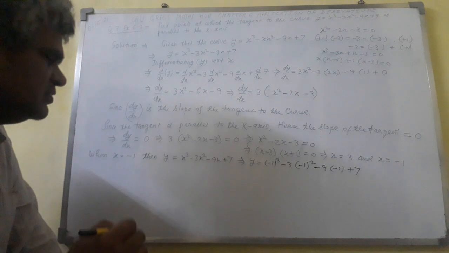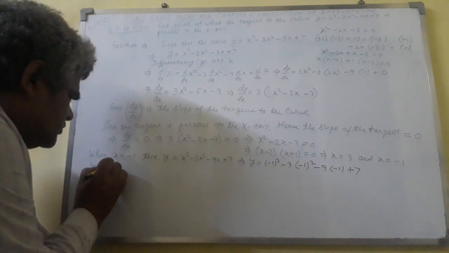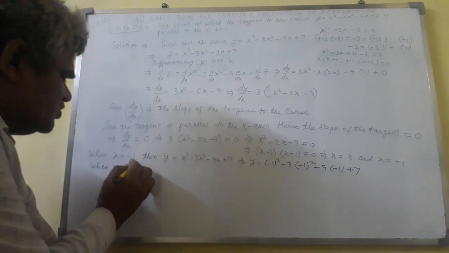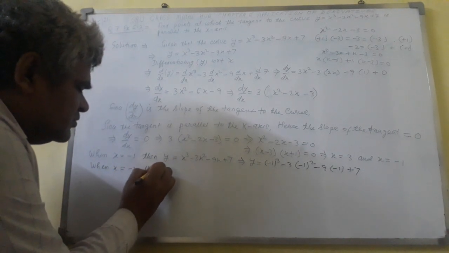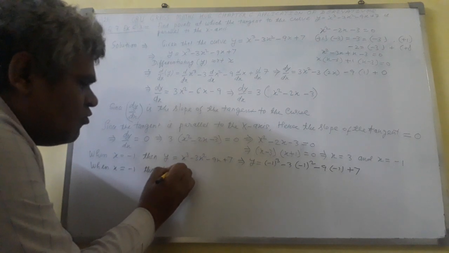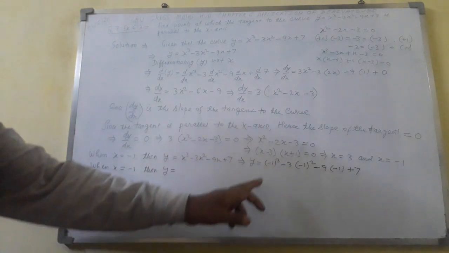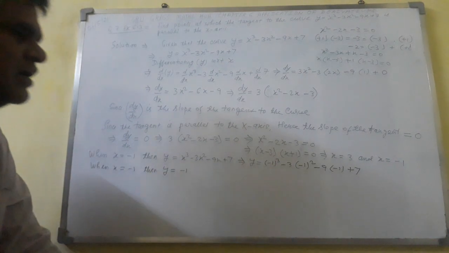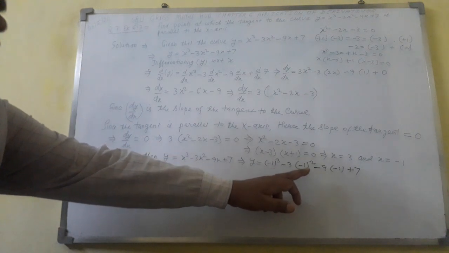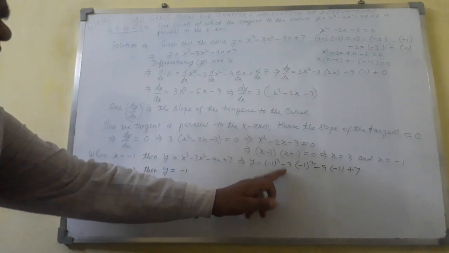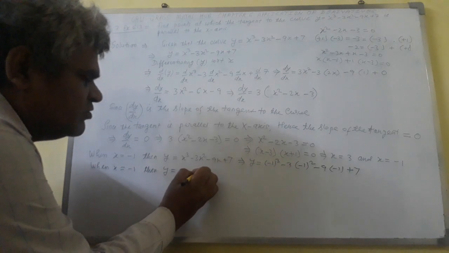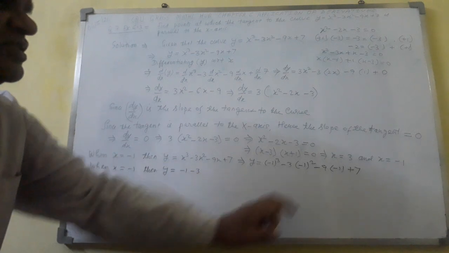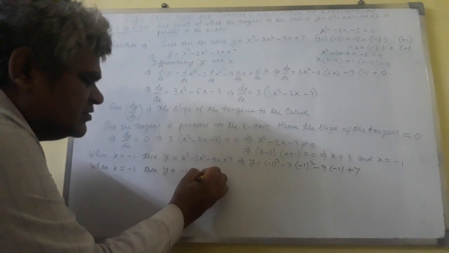You will get here when x is equal to minus 1, then y is equal to, here minus 1 raised to the power 3 comes out to be minus 1. Here minus 1 whole square comes out to be 1. 1 will multiply to minus 3 comes out to be minus 3. Here minus 1 will multiply to minus 9 comes out to be plus 9.